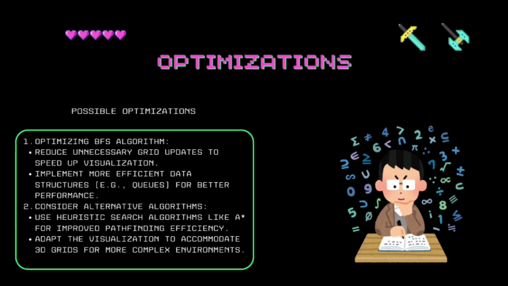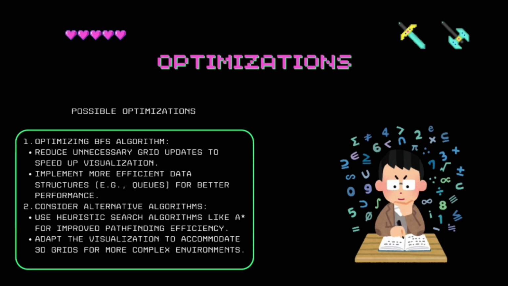To address these challenges, we can optimize the BFS algorithm in several ways. First, by minimizing unnecessary grid updates, we can enhance the speed of visualization. We can also leverage more efficient data structures like queues, which can improve the overall performance of the algorithm.